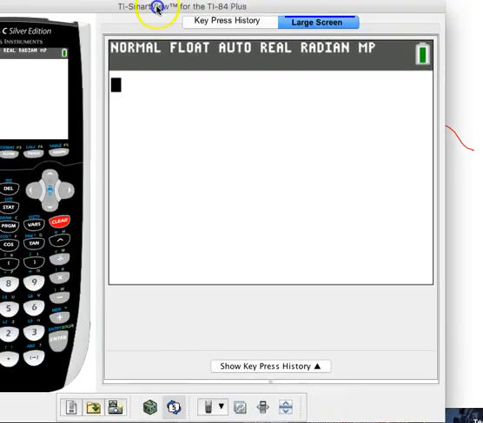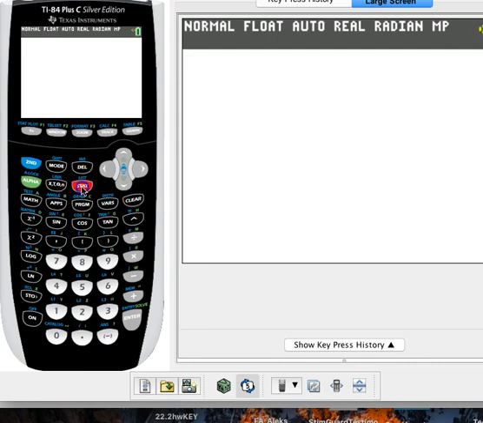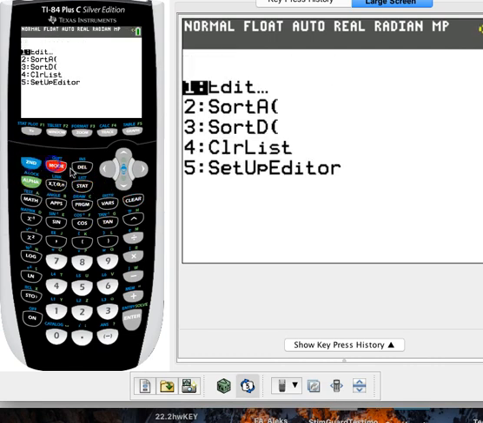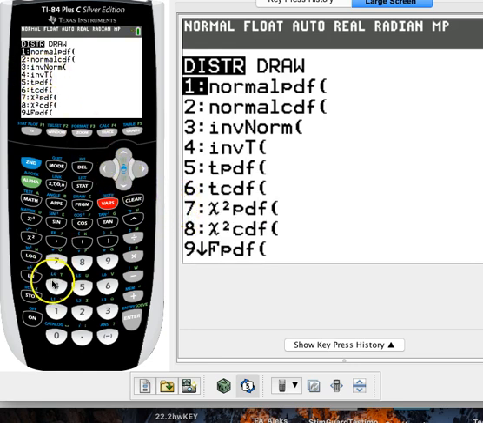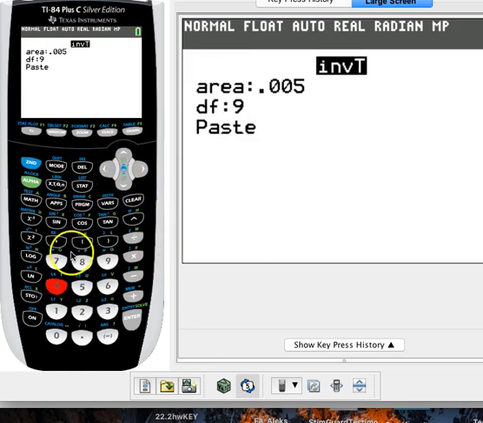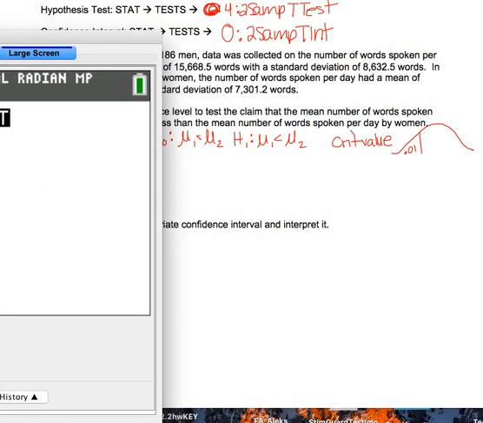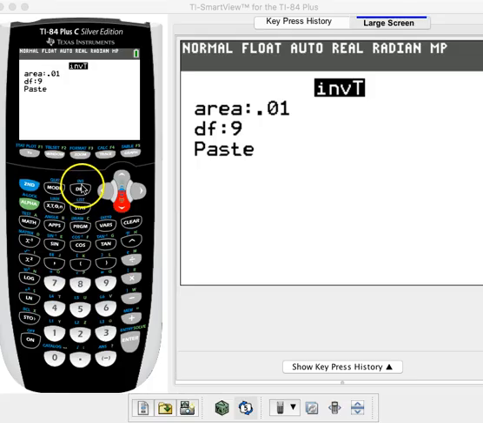Bring my calculator over here. Second distribution. Inverse T is choice 4 here. Our area is 0.01, and our degrees of freedom, the rule is that we're going to take the smaller of the sample sizes.